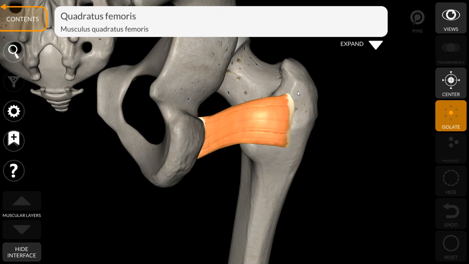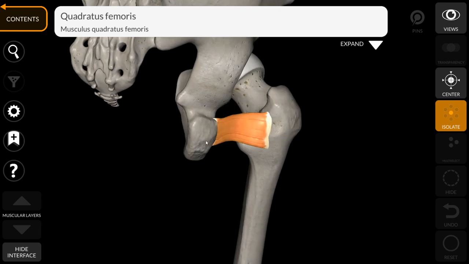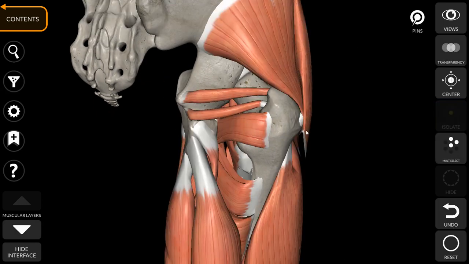Most of the external rotator fibers, your piriformis, superior gemellus, obturator internus, obturator externus, inferior gemellus, everything inserts into the greater trochanter, except quadratus femoris, which inserts into the intertrochanteric crest. And it originates from the ischial tuberosity. Right.